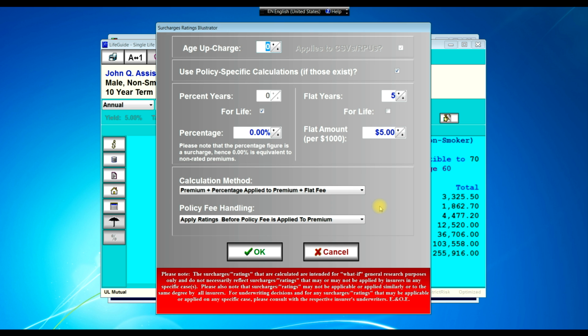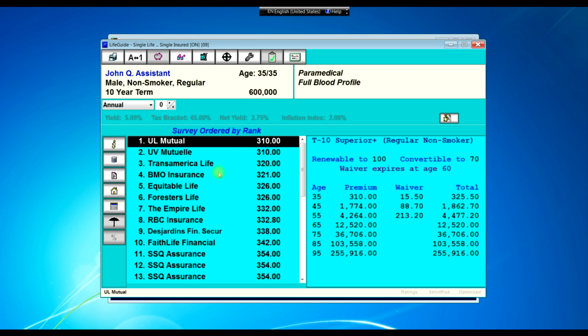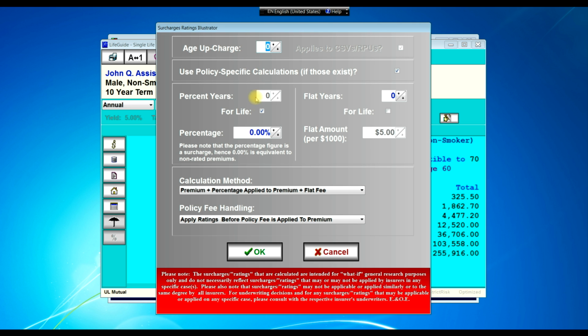So let's take a look at what would be without any ratings at all. So we'll take this down here, and of course this doesn't apply now because it's for 0 years, and we go OK. We see that the top one here comes out as Yield Mutual at 310. We're going to the ratings.